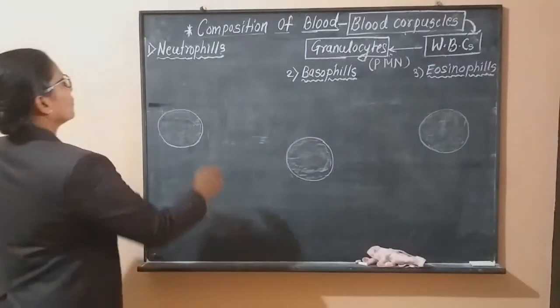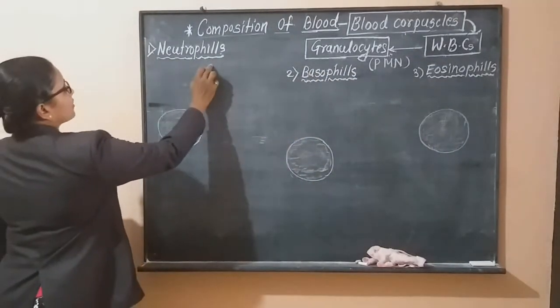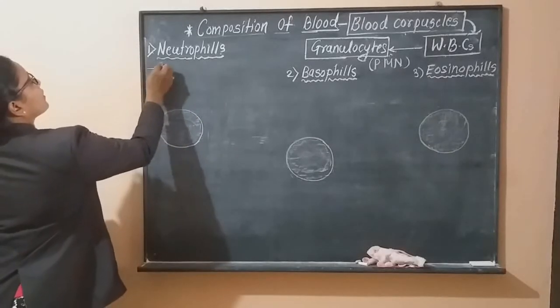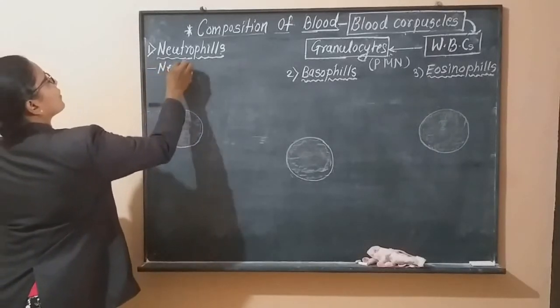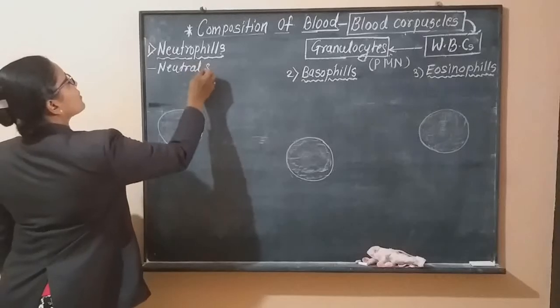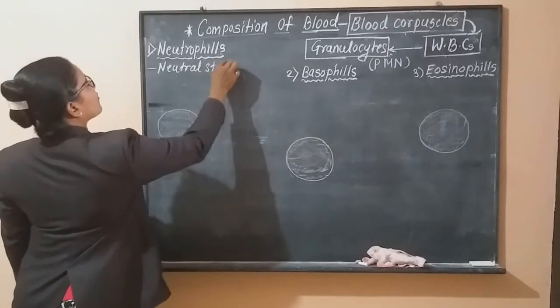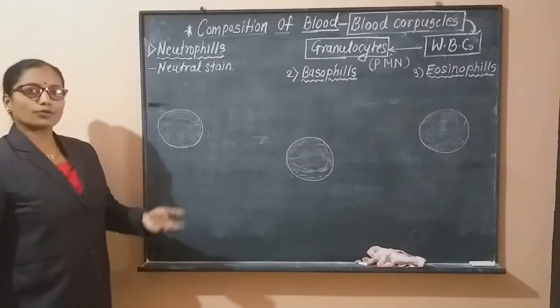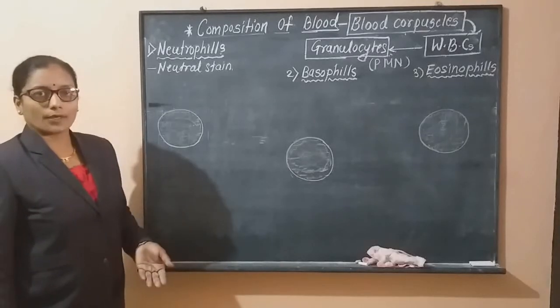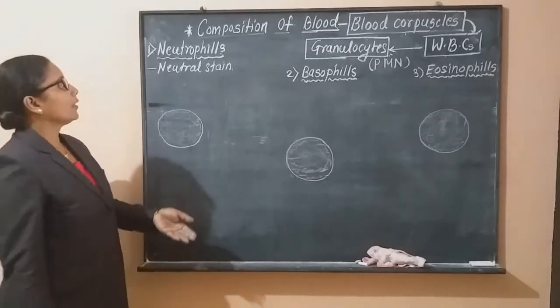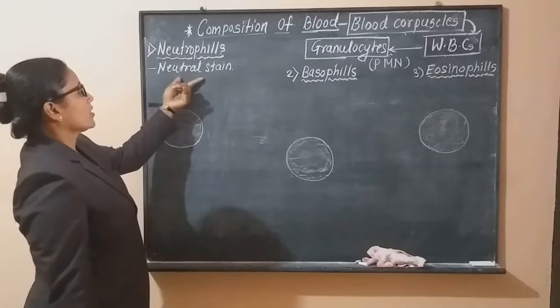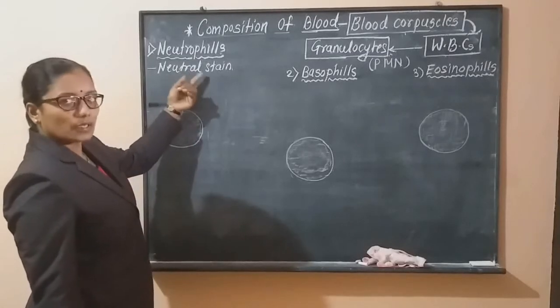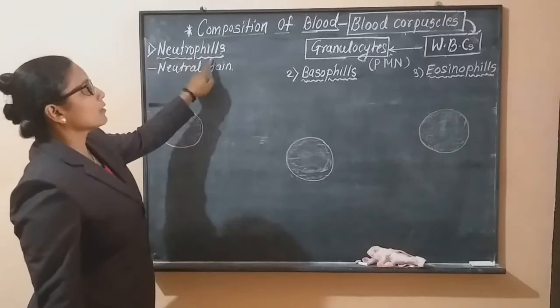Okay. Now in case of neutrophils, these are stained with neutral stain. The names of these blood cells are according to their staining property. Those cells which are stained with the neutral stain are called neutrophils.